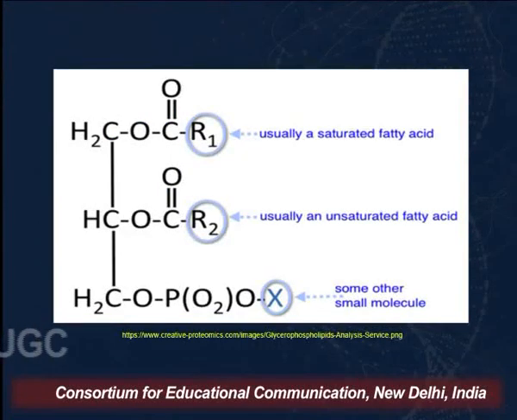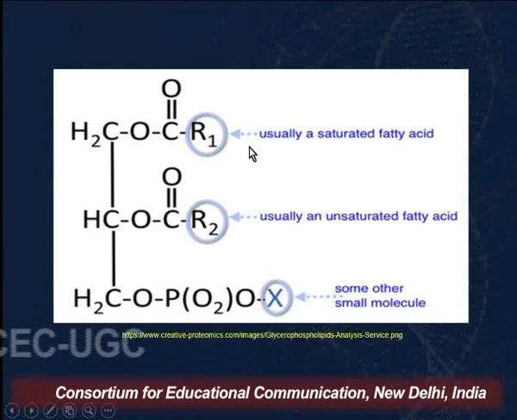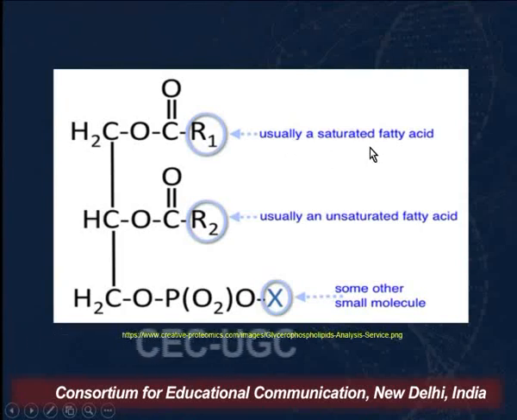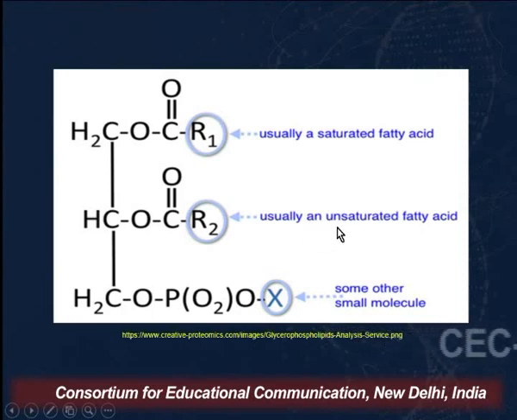If you look at your screens, you can see the structure of a phospholipid, and what you find is that we have 2 acyl groups here. This may be a saturated fatty acid, and this is generally an unsaturated fatty acid.